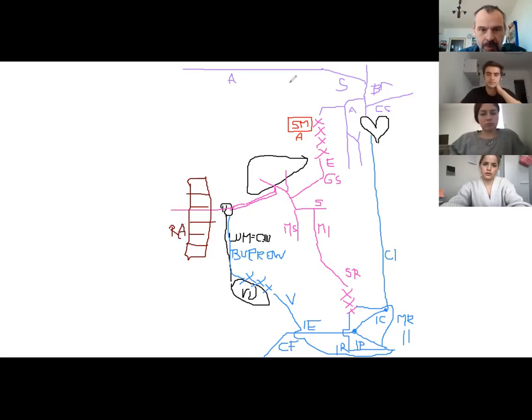And you know that rectus abdominis is drained by the inferior epigastric and by the superior epigastric. And the superior epigastric drains into the internal thoracic. Yeah?